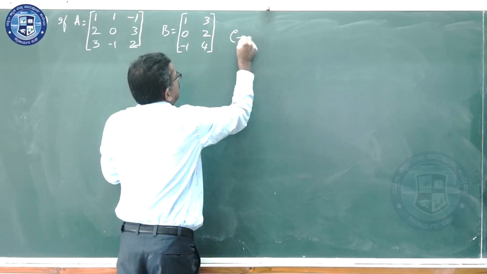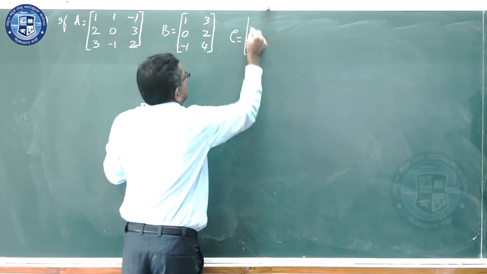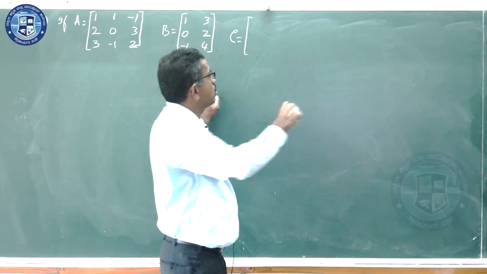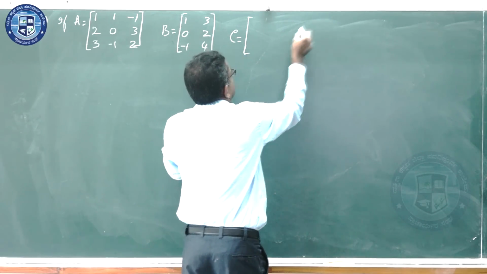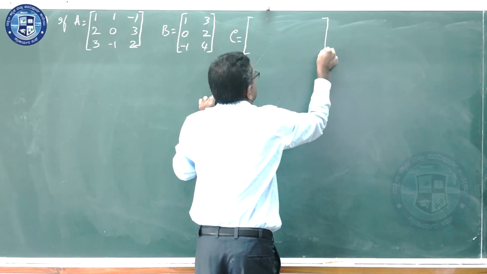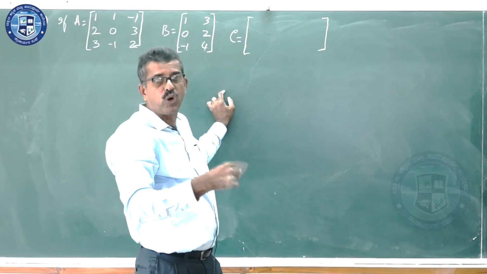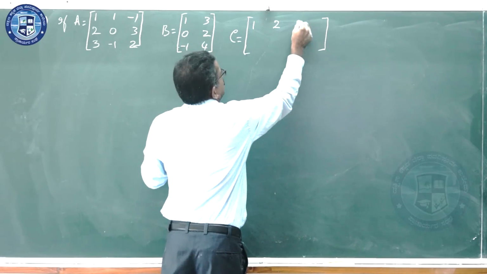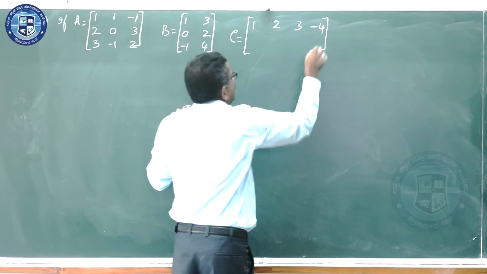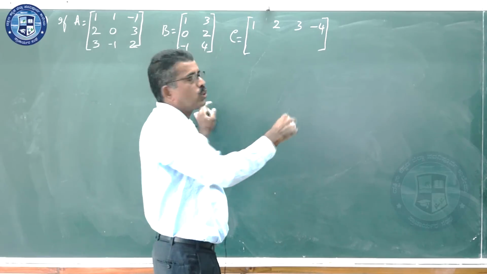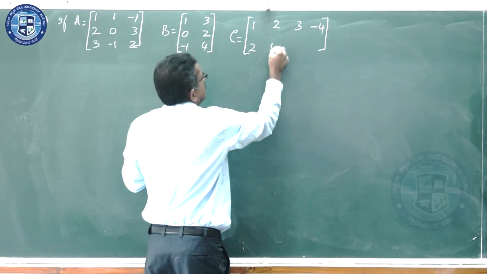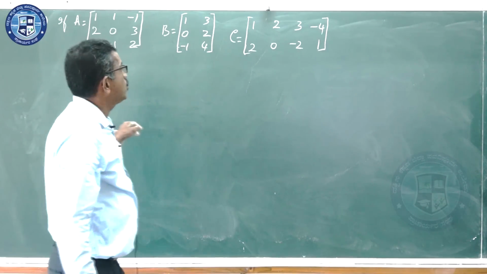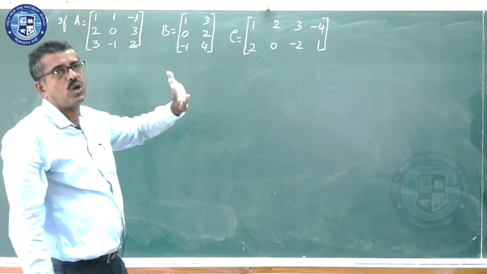And let me take another matrix C of order 2 cross 4, with 2 rows and 4 columns. The first row is 1, 2, 3, minus 4, and the second row is 2, 0, minus 2, 1. So these are the 3 matrices given altogether.